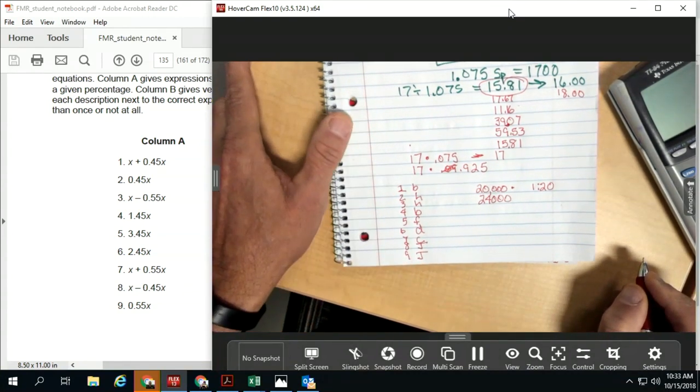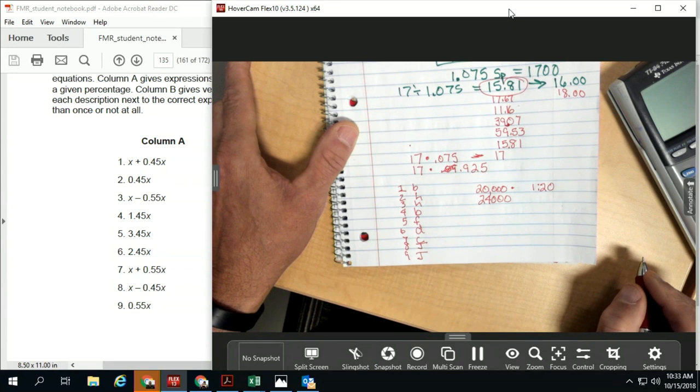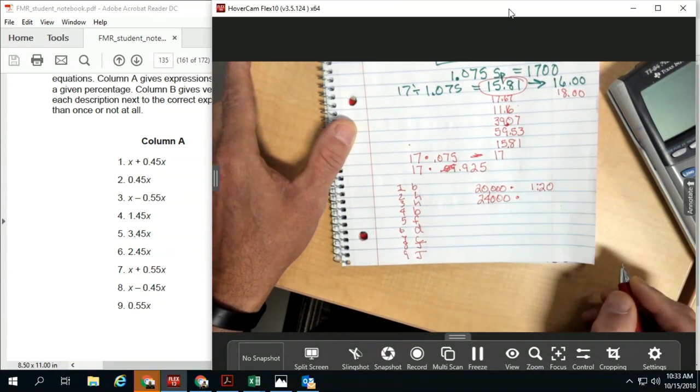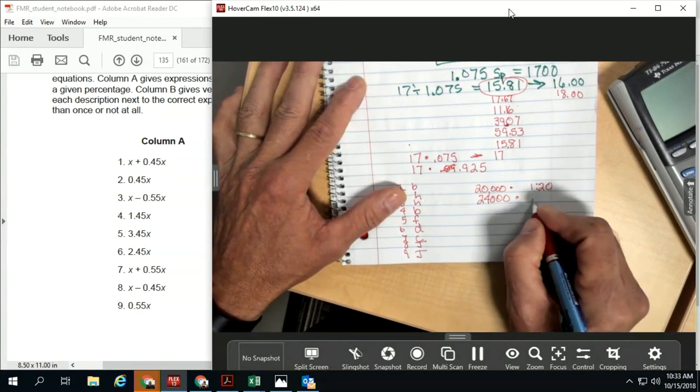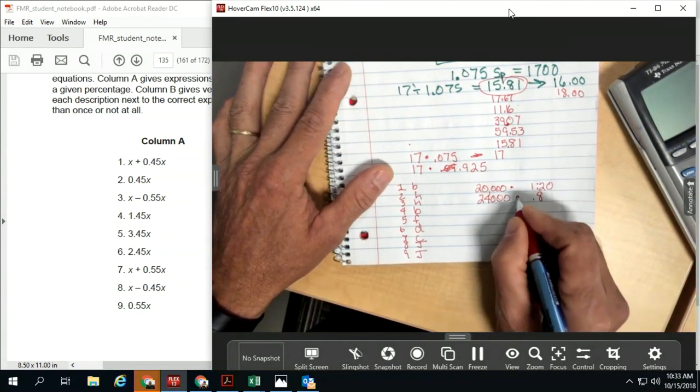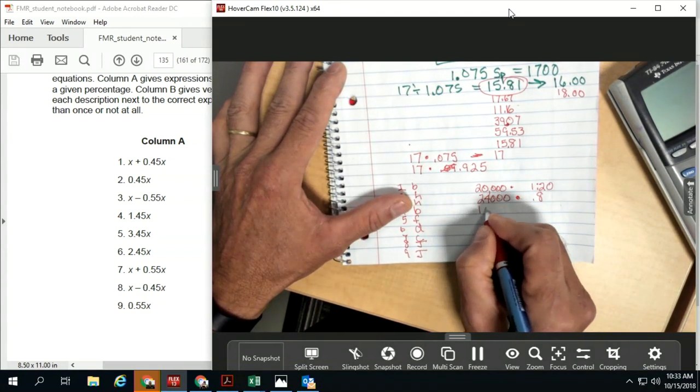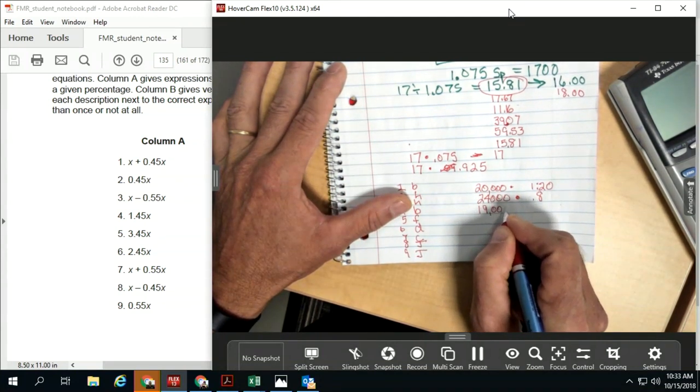How do we get a 20% decrease? Times 0.8. What do we get? 19,200.